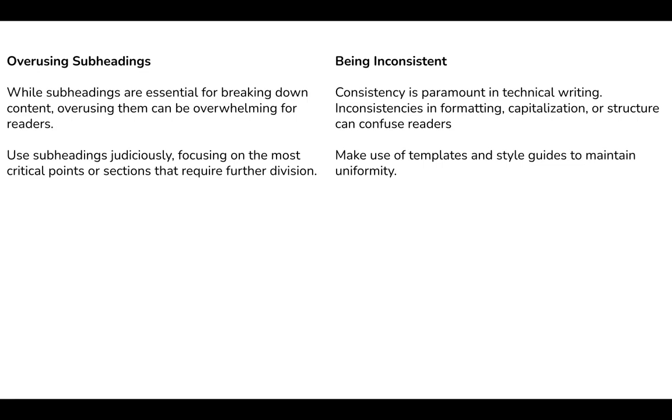Like I mentioned, sentence case and title case is something you should decide on in your style guide. Then use that in all of your documents, so you are consistent and when they see a capitalized heading, they know that this is a heading and not a sentence. So you should use templates and style guides to maintain that uniformity.